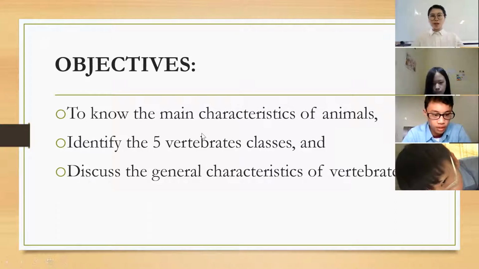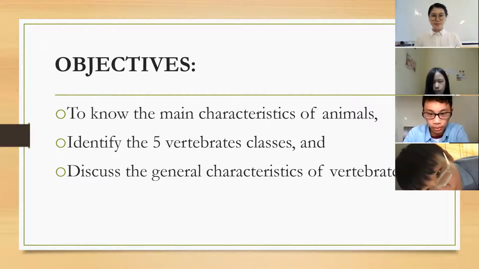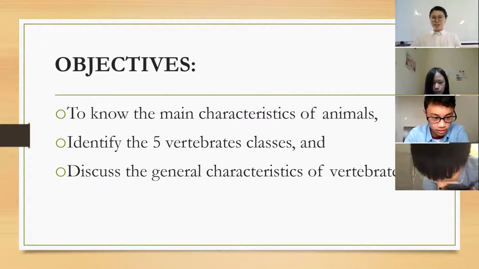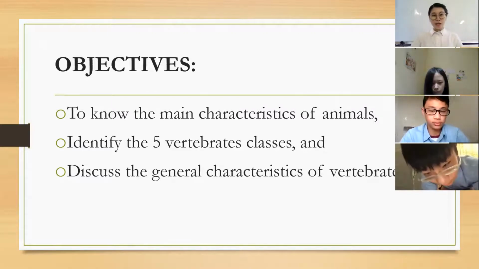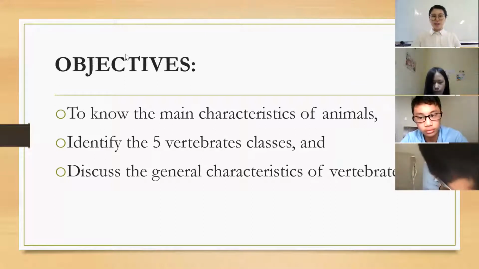Okay, Daniel, can you please repeat the objectives for today? Sure. Objectives: to know the main characteristics of animals, identify the five vertebrate classes, and discuss the general characteristics of vertebrates. Thank you so much, Daniel. We are going to achieve this goal at the end of our session this morning.